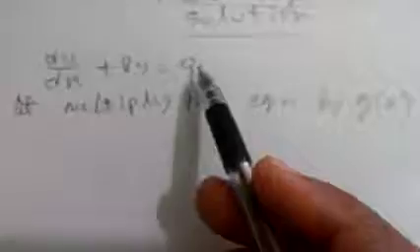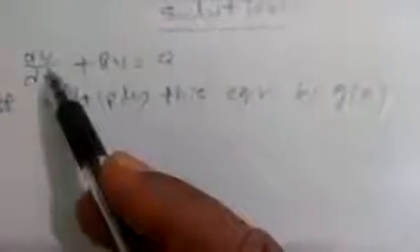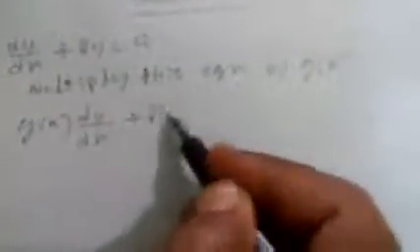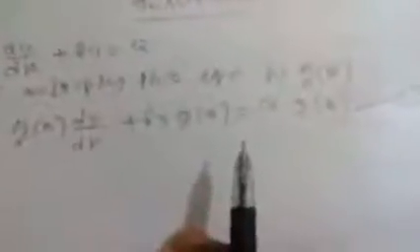Here P and Q are functions of x, and so I am multiplying this whole equation with the function of x, that is called g(x). So our result is g(x) dy/dx plus P y g(x) is equal to Q g(x). Say this is equation number 1.